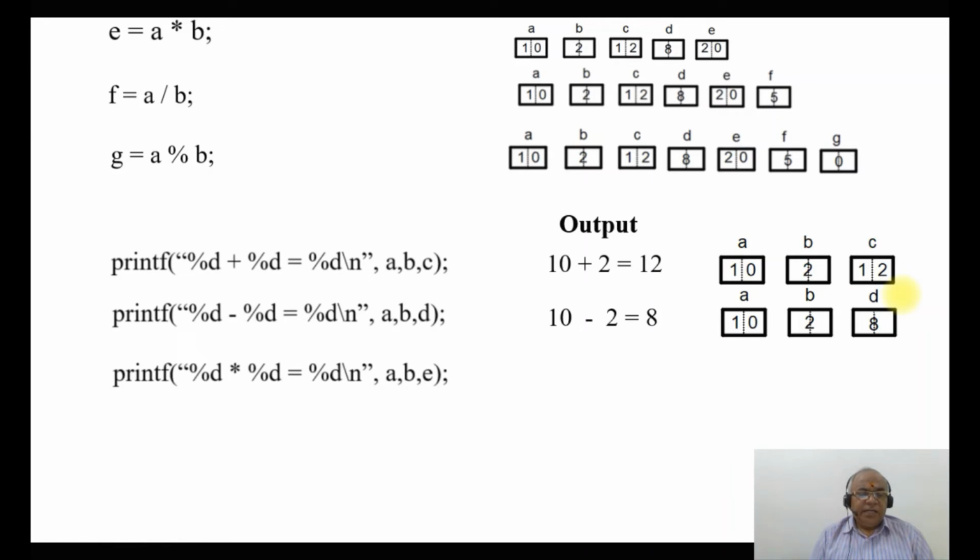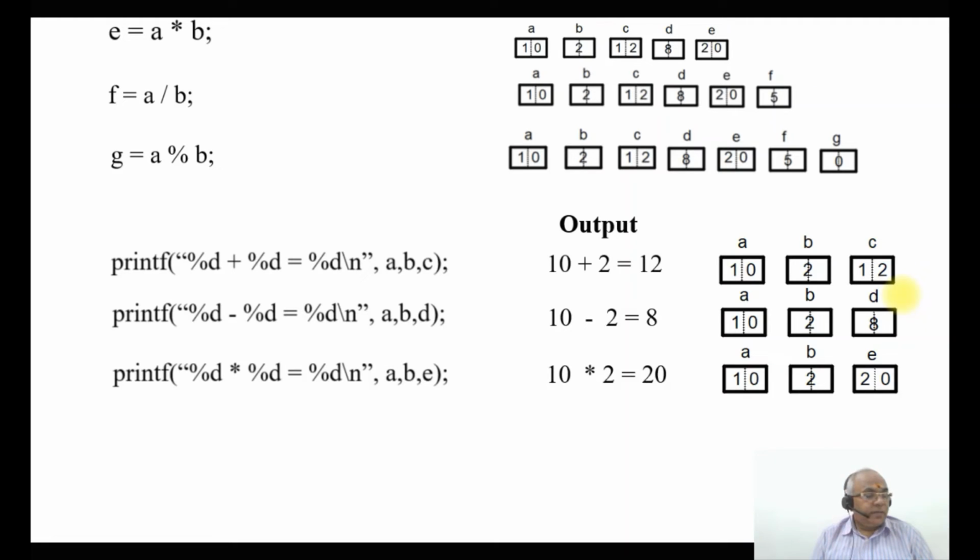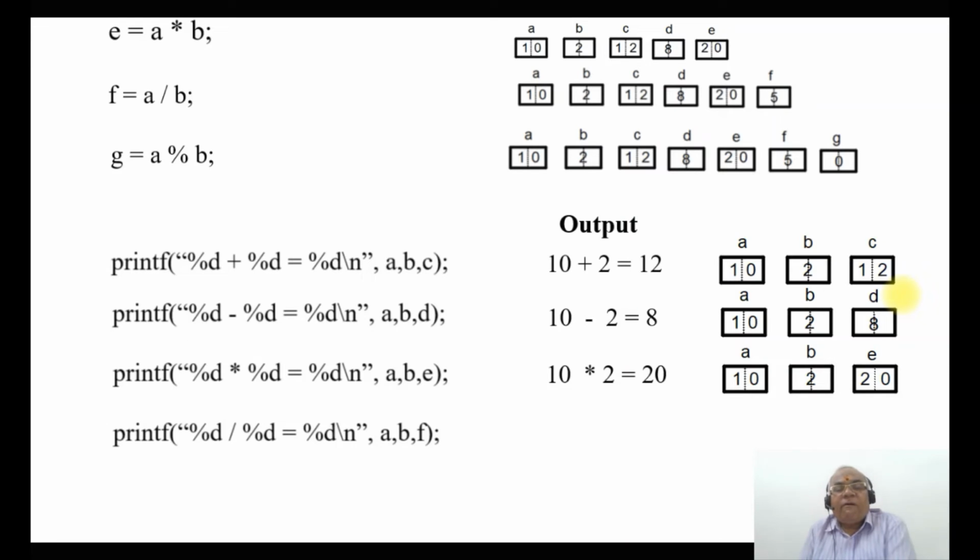Then printf("%d * %d = %d\n", a, b, e). So 10 into 2 is equal to 20, and it will go to the memory location. Then printf("%d / %d = %d"), that is a by b, which will give the value of f.